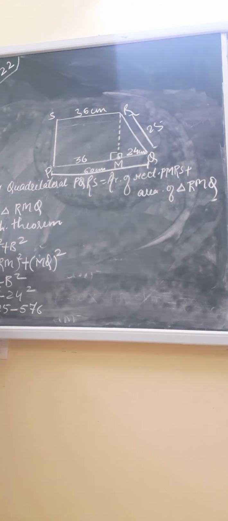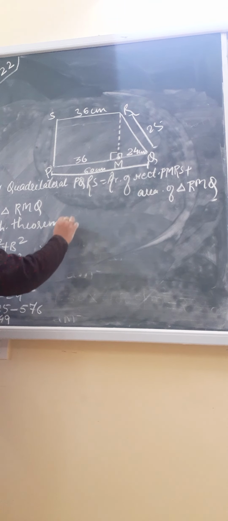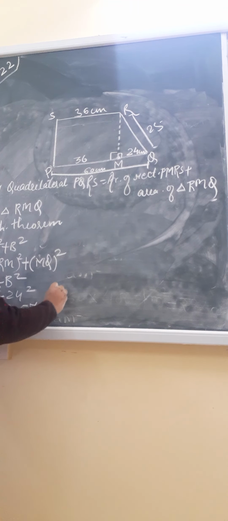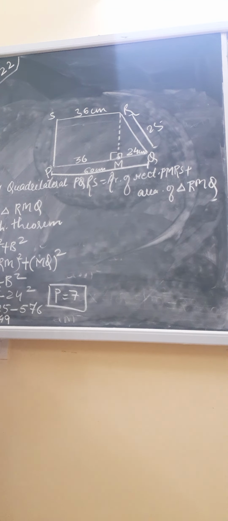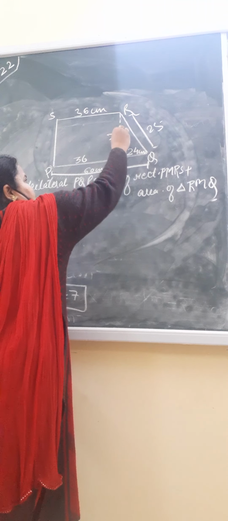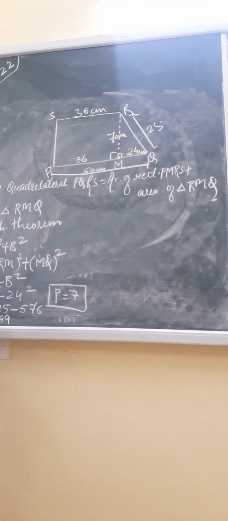So what will be the value of perpendicular? Perpendicular square is 49. So what will be the value of perpendicular? 7. Okay? P into P is equal to 7 into 7. So this part will be 7. This will be the breadth of the rectangle, and it will be the perpendicular for the triangle.